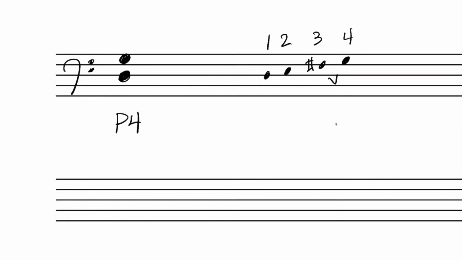Let's try another example. Okay, I'd like another perfect fourth, but now I would like my lower note to be F. So what do we do? We think in the key of F major. All we need to do is get the first 4 scale degrees of the F major scale, and we'll have ourselves a perfect fourth. So let's do that. Whole, whole, half.